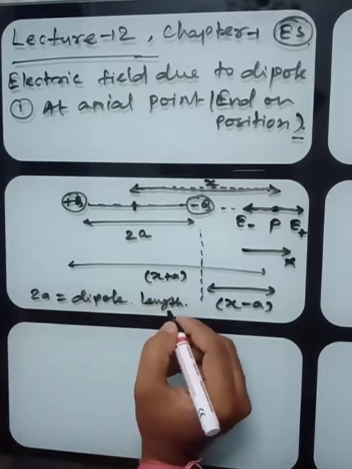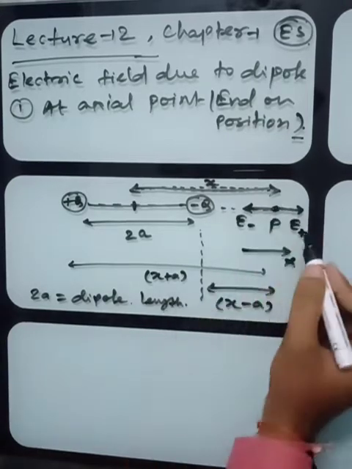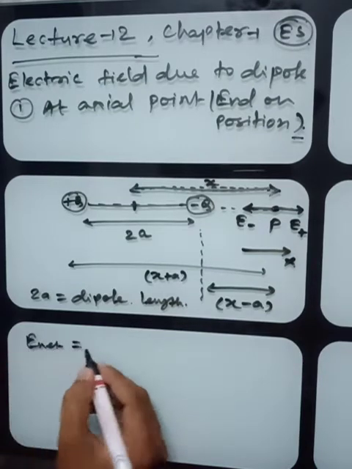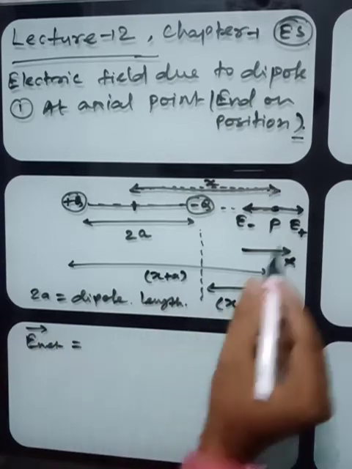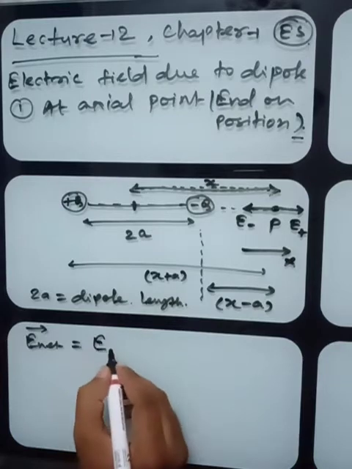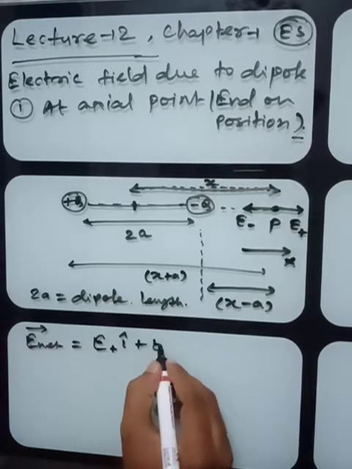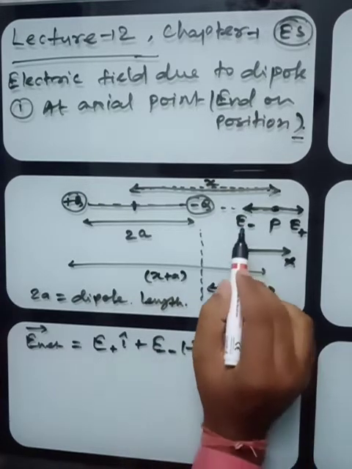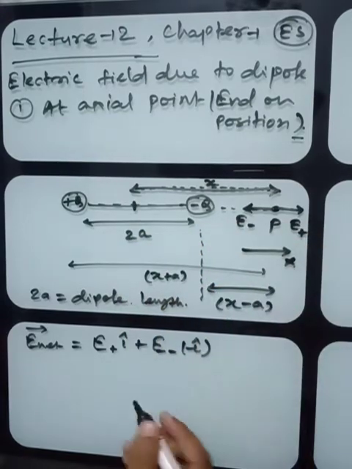Now we have to find the electric field at this point P, and the net electric field we can write in vector form as E plus going towards the positive x-axis, so E plus i cap, plus E minus, which is towards the negative x-axis, so minus i cap.